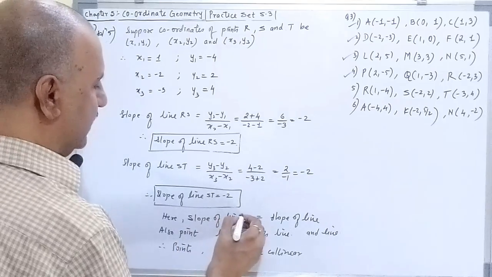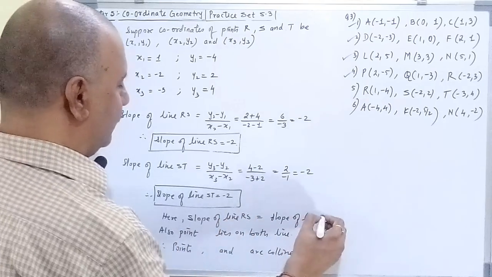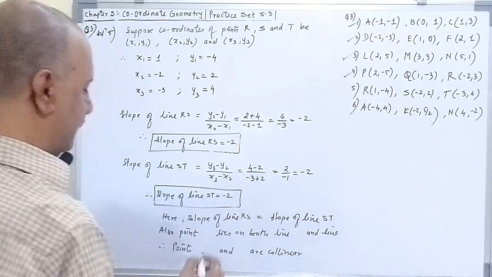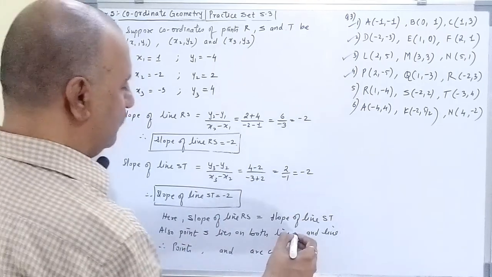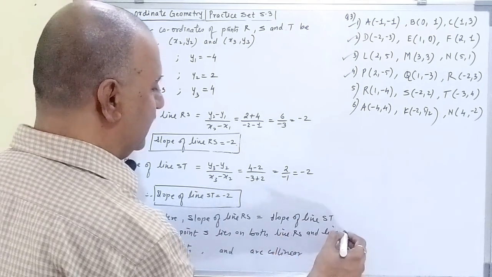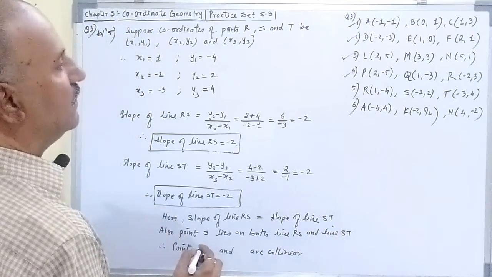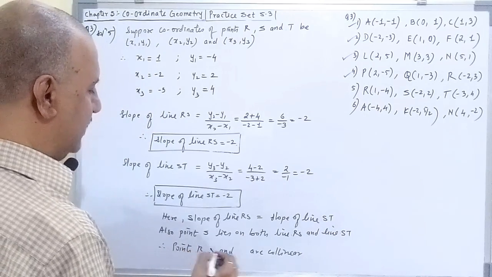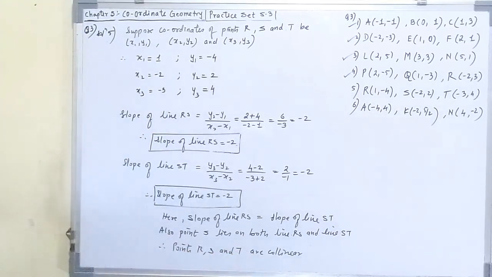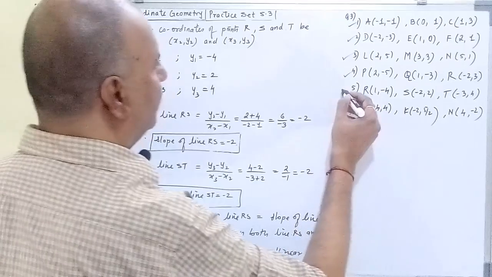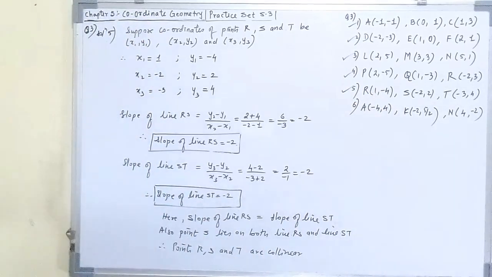Slope of line RS equals slope of line ST. Point S lies on both line RS and line ST. Therefore, points R, S and T are collinear. So our fifth question is done. Now we go to the sixth question.